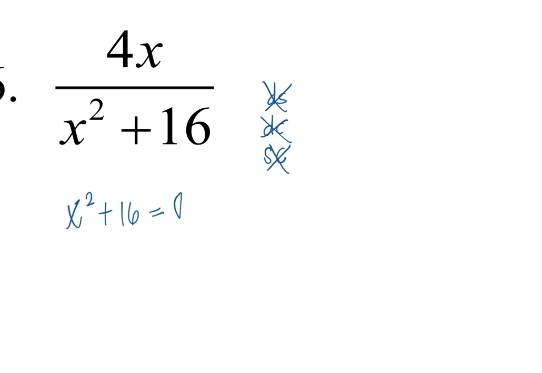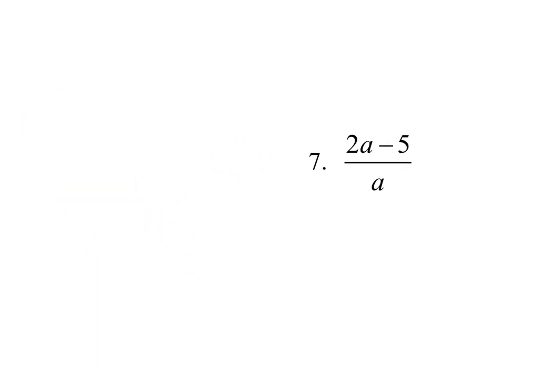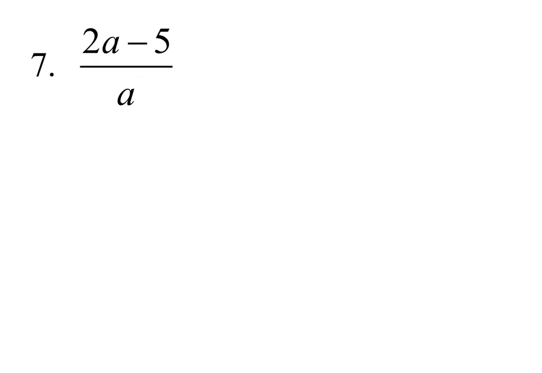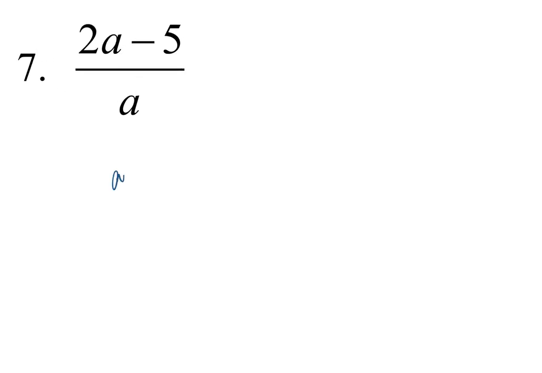So basically, you can't solve this, so there are no restricted values. On this one, set your denominator equal to 0. You're done. a equals 0 is your restricted value.